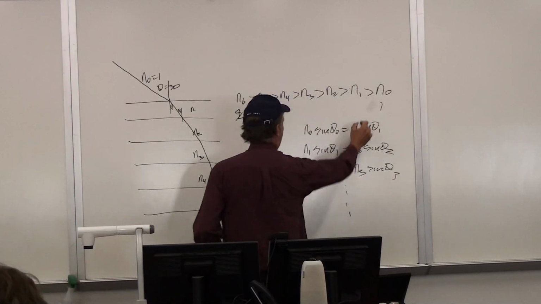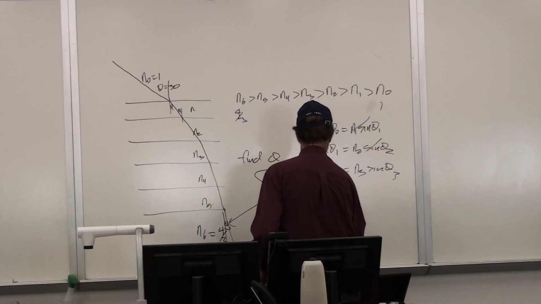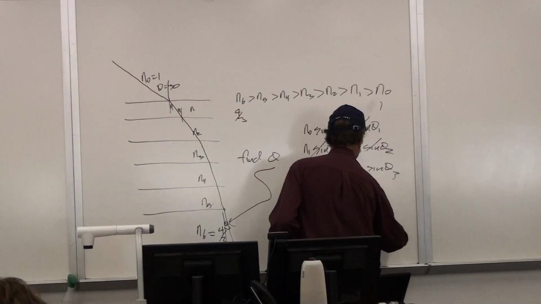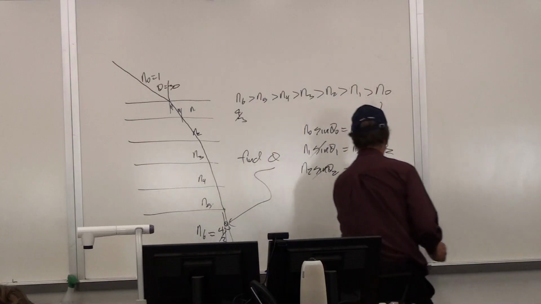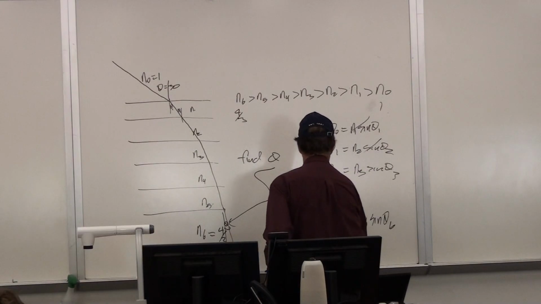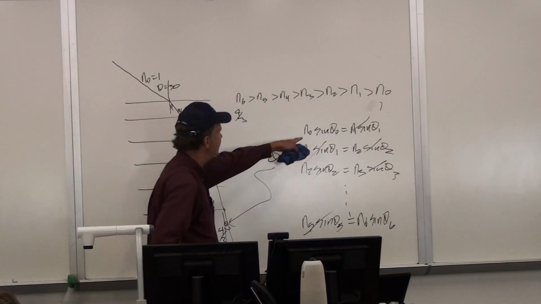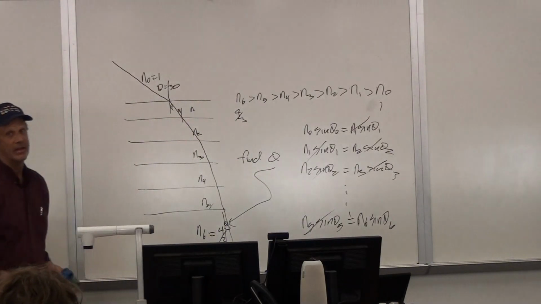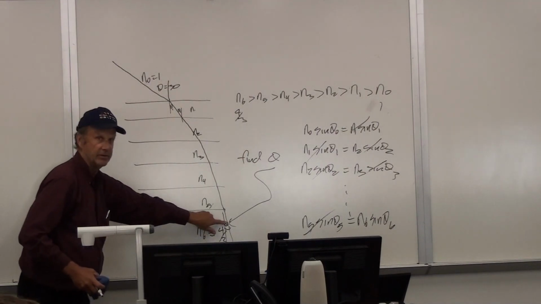So you go all the way down, all these cancel until you get down to the bottom, N6 sine theta 6 is equal to N5 sine theta 5. And so all of these side terms cancel, and when you add all of these together, you just get the same thing that we got in our first example, which is just the bending of light when it goes from 30 degrees to 22 degrees.